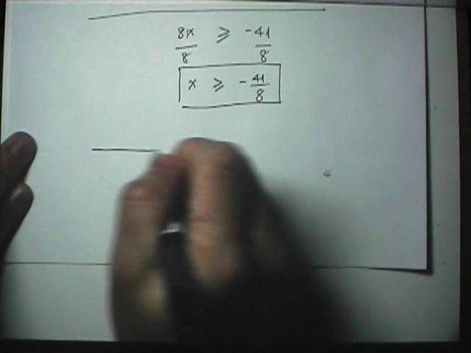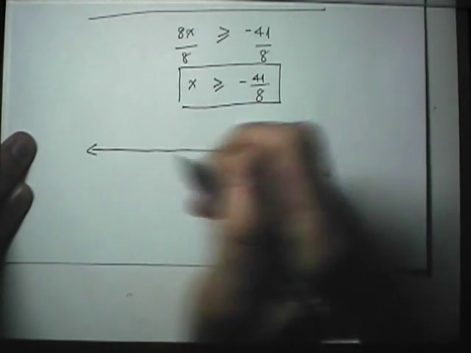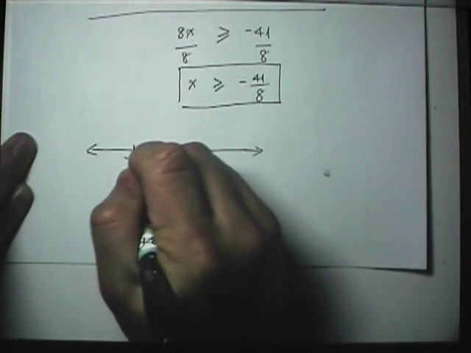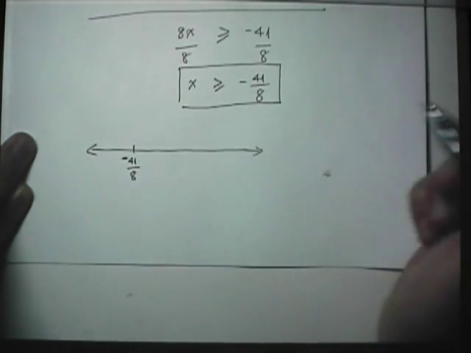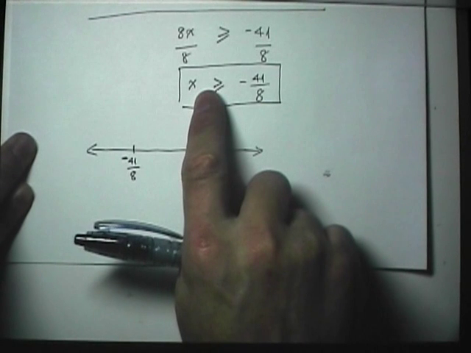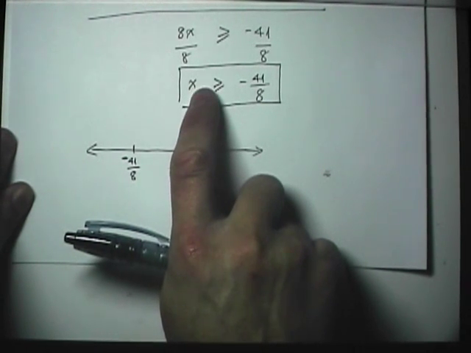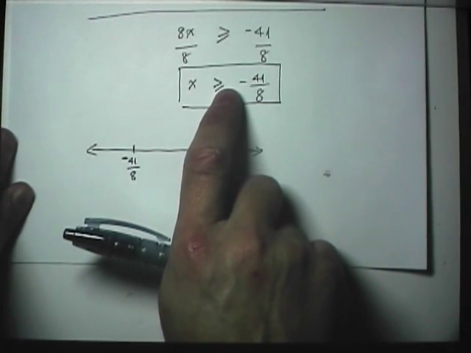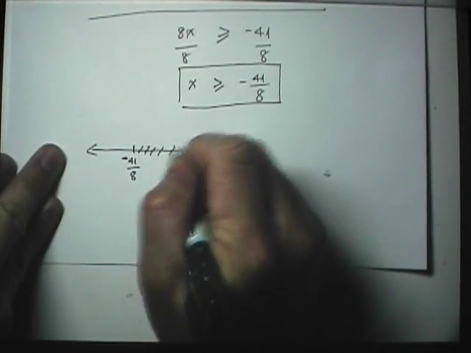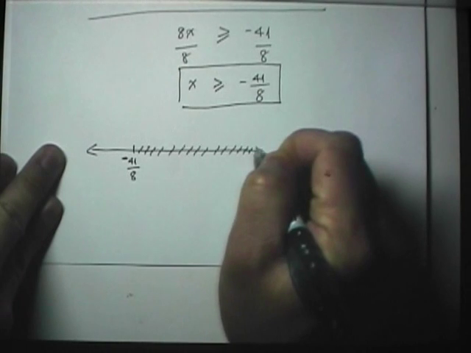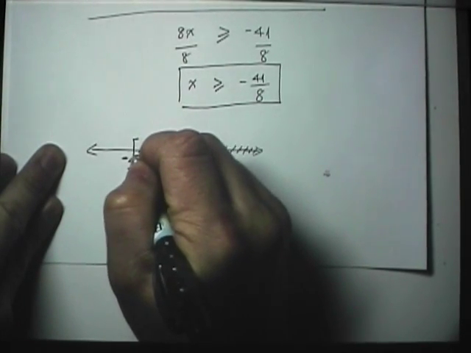To graph that solution, negative 41 over 8 can be anywhere on the line, but this is where I choose it to be. The final inequality indicates that we want x greater than or equal to negative 41 over 8, so it's all shaded to the right, also including negative 41 over 8.